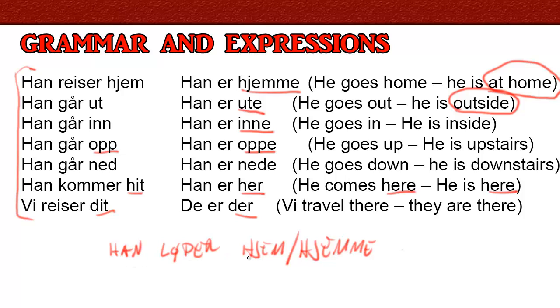Han løper hjem, he is someplace else and he's running home. Han løper hjemme means he is at home running. So he is at home the whole time. The only activity he's doing is running. So this is how to understand the difference between these two. Yeah.